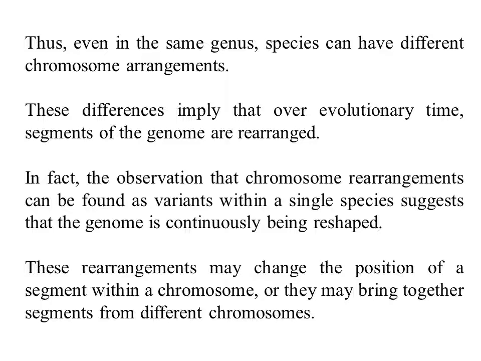The observation that chromosome rearrangements can be found as variants within a single species suggests that the genome is continuously being reshaped. The meaning of this sentence is, even in the same species, if I try to analyze the chromosomal arrangement in my cells and in some other person's cells, it will not be the same.